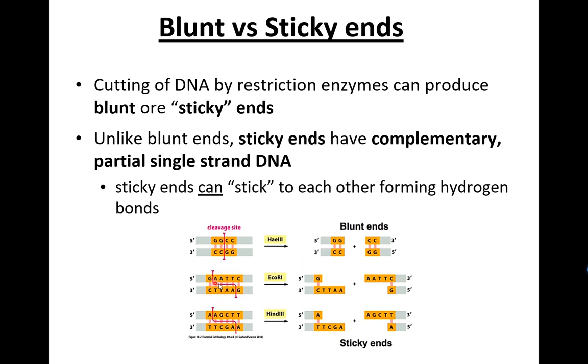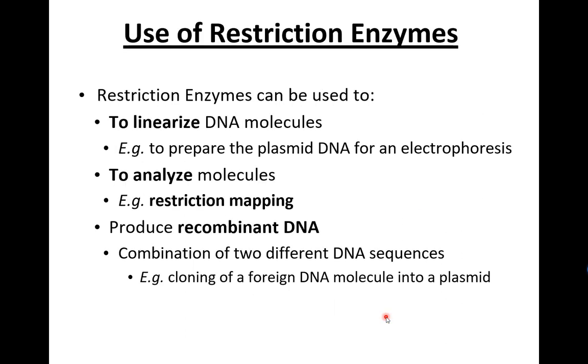And so once they do that, the two fragments of DNA that are generated have some partial single-strand DNA sequence, which are still complementary to each other. They can still stick with each other. Hence, these are called sticky ends, because the two end sequences produced can still stick to each other, and again, they have a partial single-strand DNA molecule there.